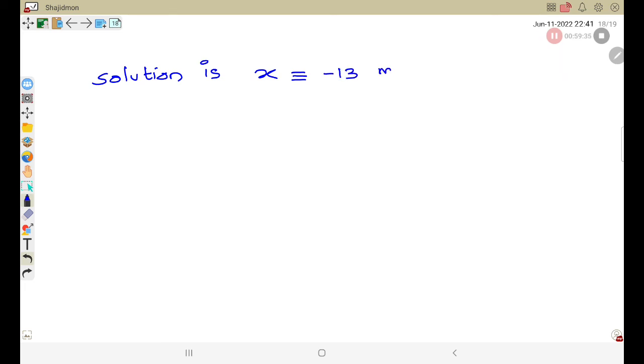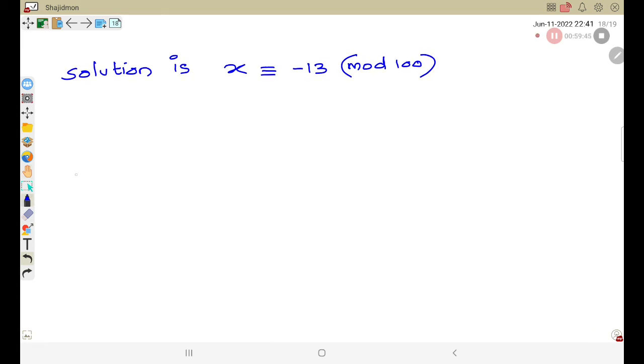Minus number it is, so we need to take mod M, the number is 100, minus 13 mod 100. Now you can use the short way, or you can find as usual. If you are adding this minus 13 and 100, you will get the answer.